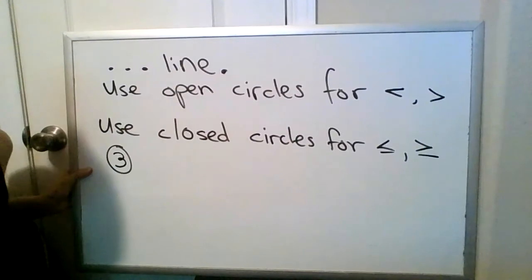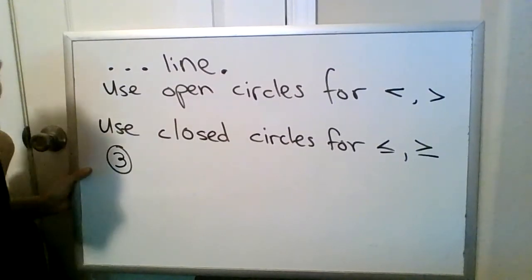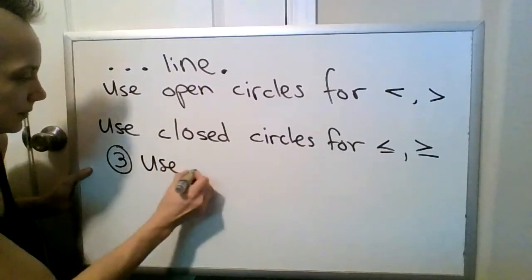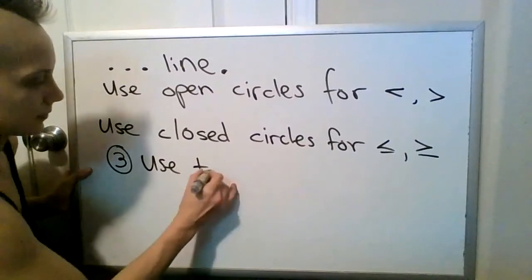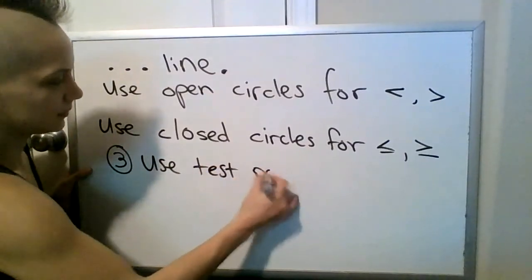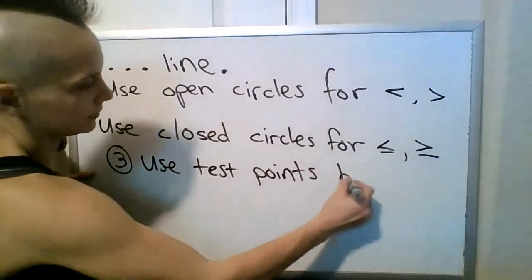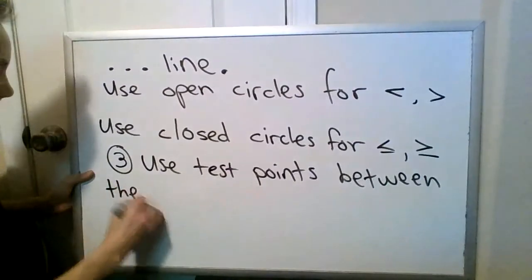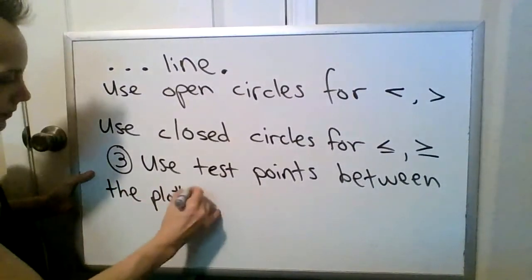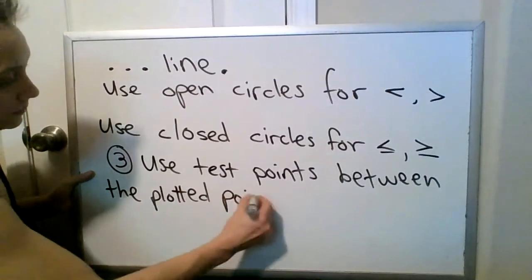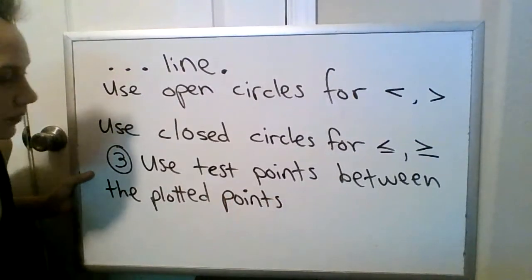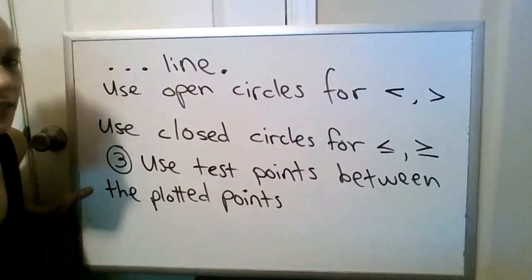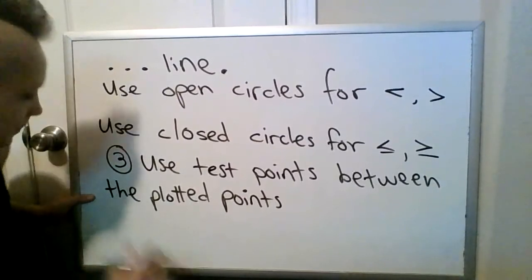The next one would be to use test points between the plotted points. And when you test your point, if you get a true statement, you're going to shade over that test point.